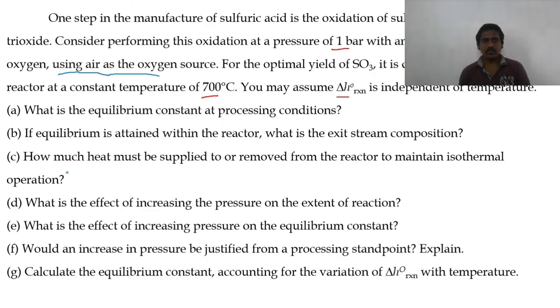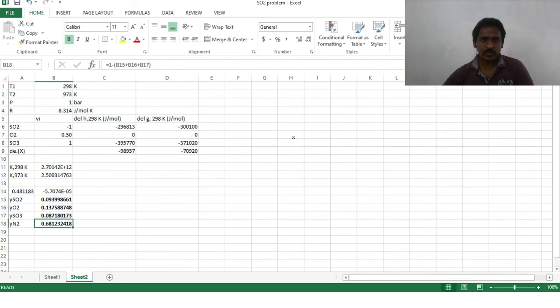Now let us look at part C. The question is, how much heat must be supplied to or removed from the reactor to maintain isothermal operation? Since we want to maintain isothermal conditions, whatever heat is rejected during the reaction should be removed. The reaction takes place at 973 Kelvin, and in the given problem the heat of reaction is independent of temperature.